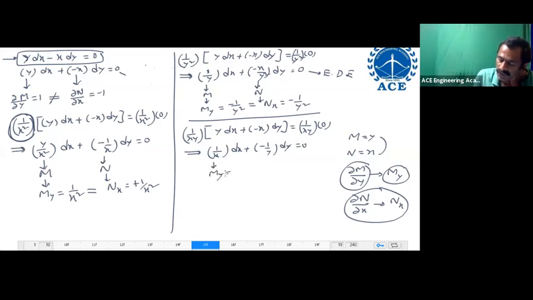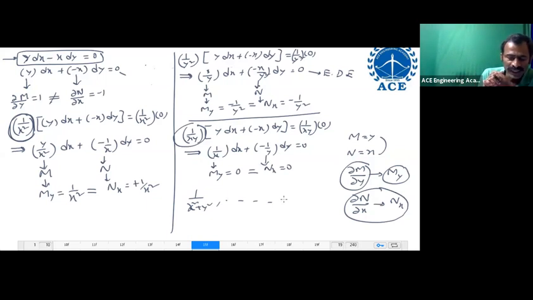M with respect to y equals 0, N with respect to x equals 0. Both are the same, the exactness condition is satisfied. So it is also an integrating factor. Or if you multiply 1 by x square plus y square and so on, the equation also becomes exact.